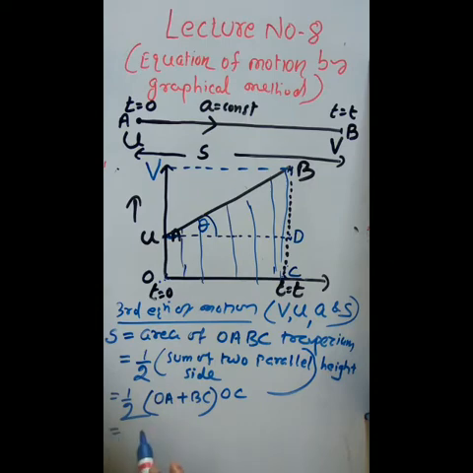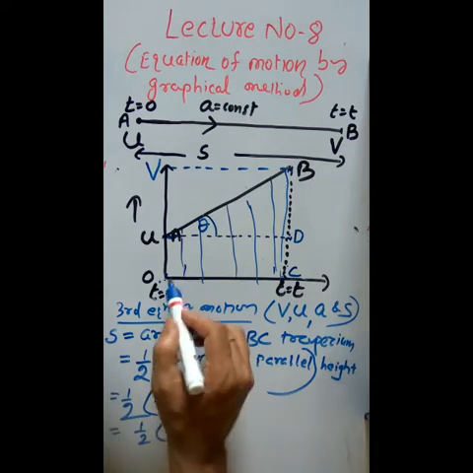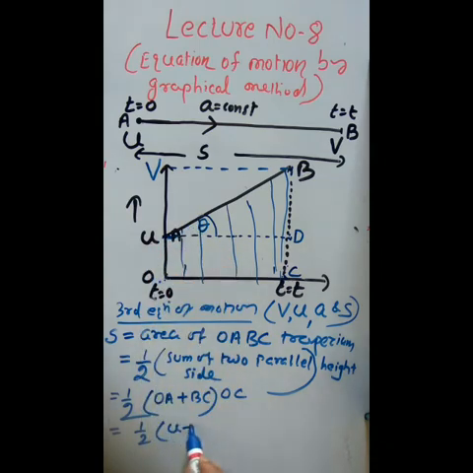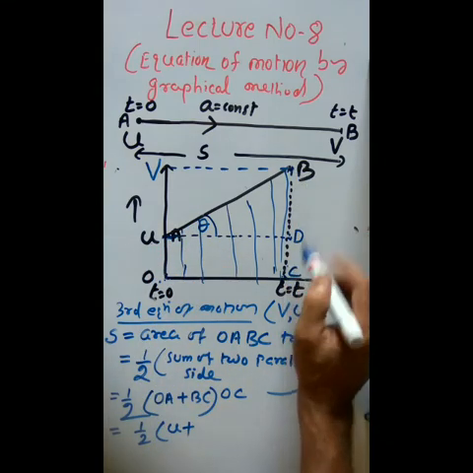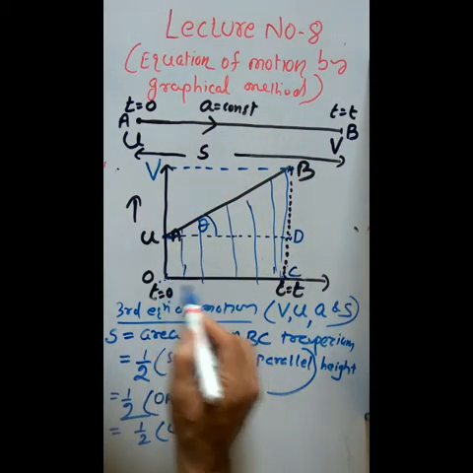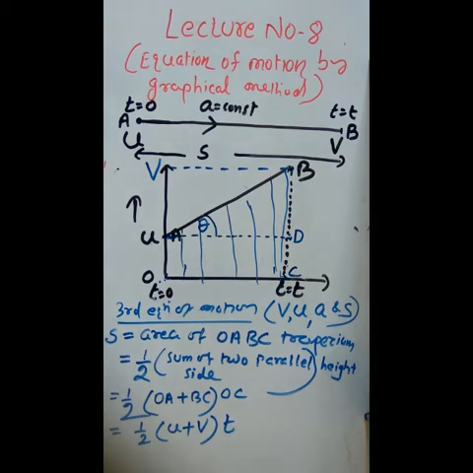So it is half into OA, which represents the initial velocity u, plus BC, which represents the final velocity v, into OC, which represents t.